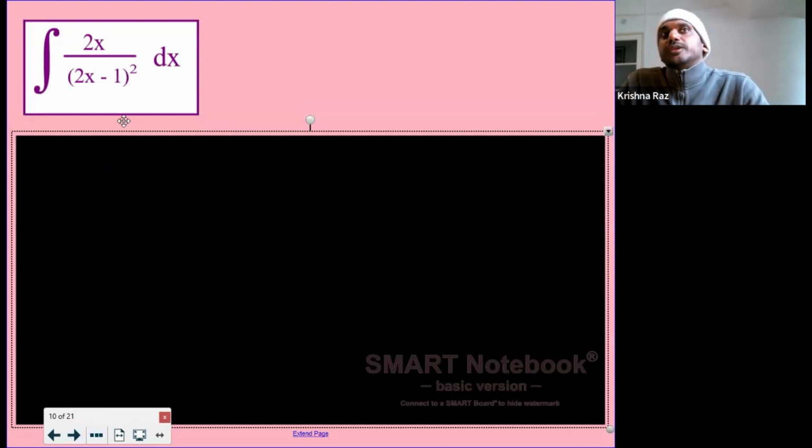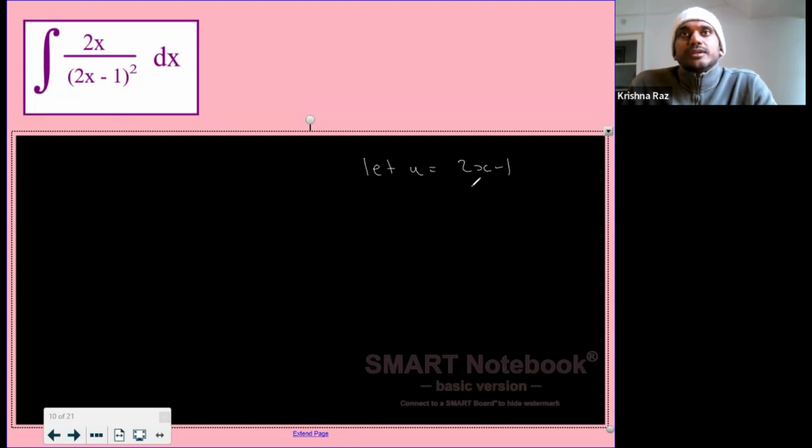So a similar thing here, we can see that the denominator does not differentiate to the numerator, but we'll be in a position to rearrange. So if I let u equal 2x minus 1, it will follow that 2x equals u plus 1. It will also follow that du by dx is 2, so dx is a half du.